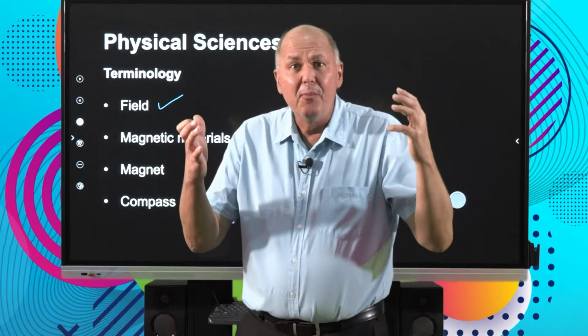Now, guys, remember, magnetism is one of those non-contact forces. You can have two magnets separated a distance, and they'll experience a force of attraction or repulsion. The other non-contact force that we talk about is gravity. The third one we talk about is the electrostatic force between two charges.